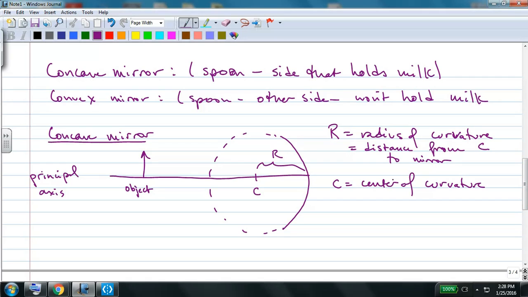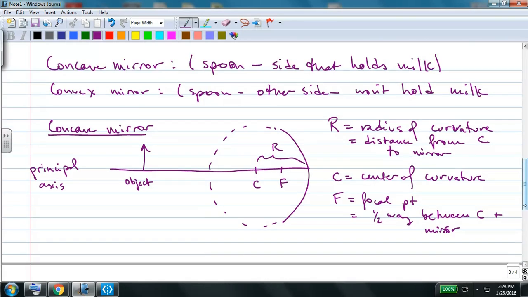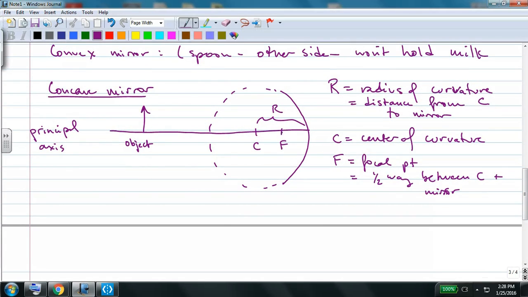Okay, the other important point is the letter F. It is the focal point. Capital F is the focal point. It is halfway between C and the mirror. That's the mirror right there. And there's a distance, little f, that we will come back to. Little f is what's known as the focal length.